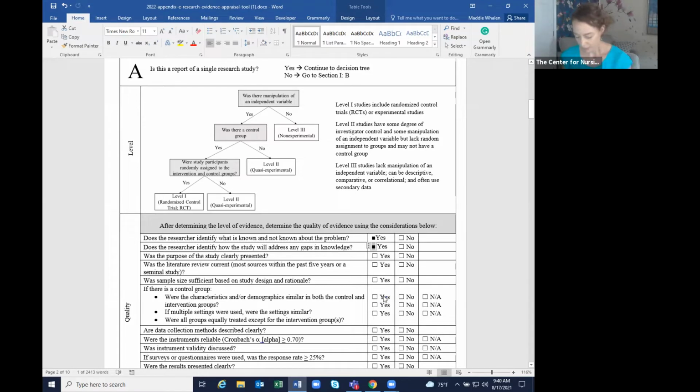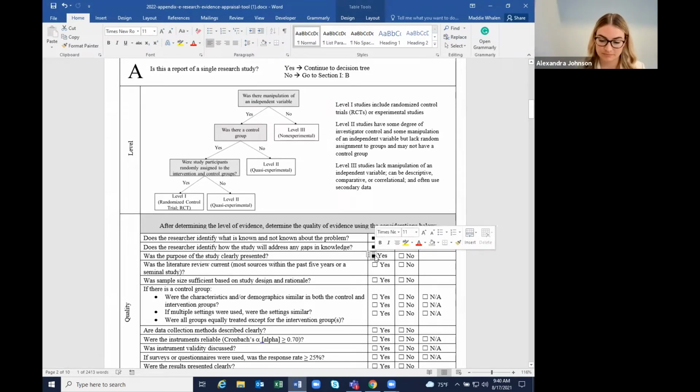All right, so then we have two yeses. The next question is, was the purpose of the study clearly presented? Yes. Do you know where they said that? Right before the method section, they talked about exactly what they were going to do, and they listed their hypothesis that introducing this kit will improve adherence to best practices, improve patient safety, and reduce CLABSI rates by increasing standardization and reducing variability.